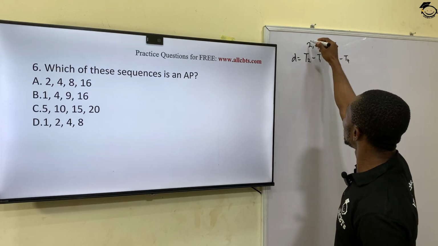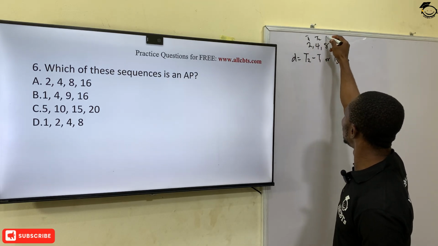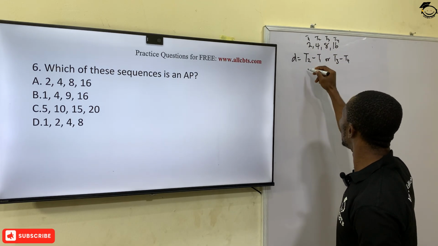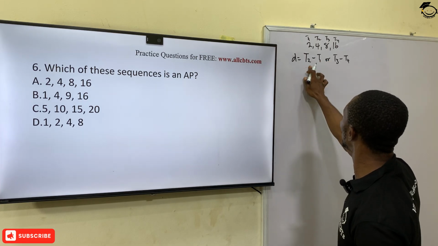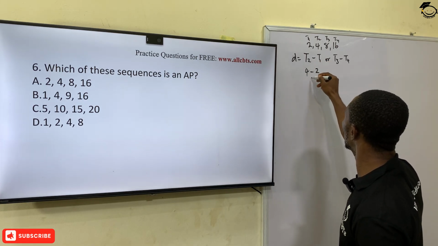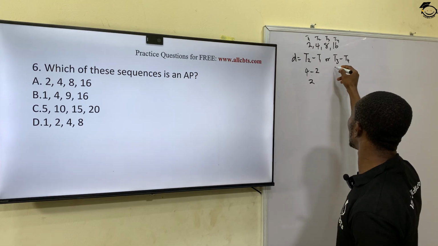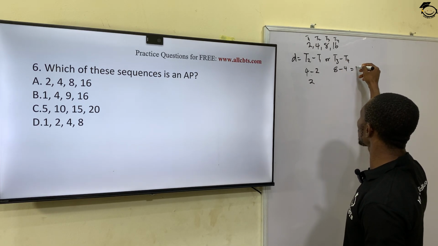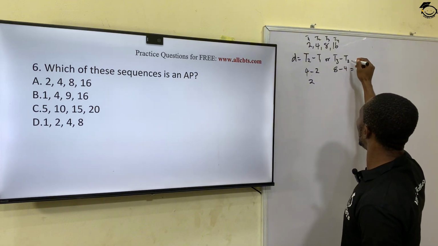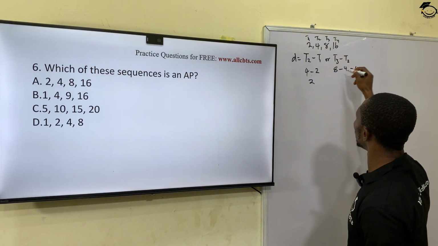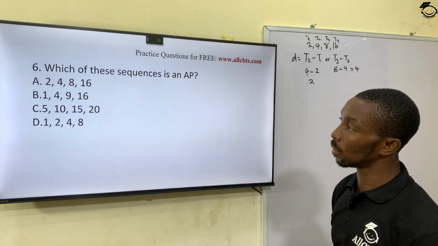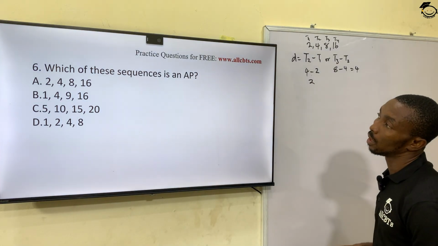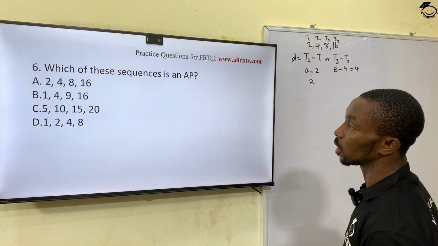So for the first one, we have 2, 4, 8, 16. These are T1, T2, T3, T4. T2, which is 4, minus 2 will give us 2. But 8 minus 4 will give us 4. So our first option isn't an arithmetic progression.